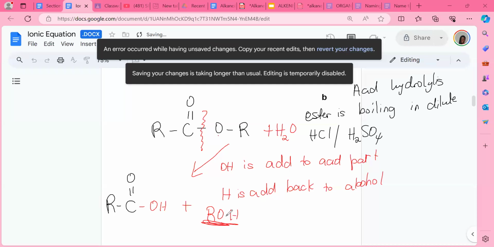Clear? Yes, miss. So during acid hydrolysis, I form back the alcohol and the acid, which formed the ester.